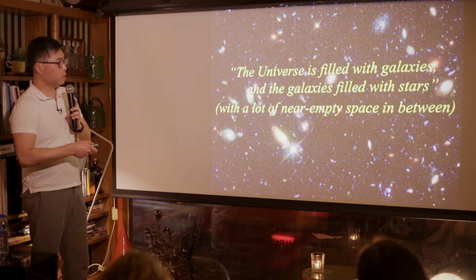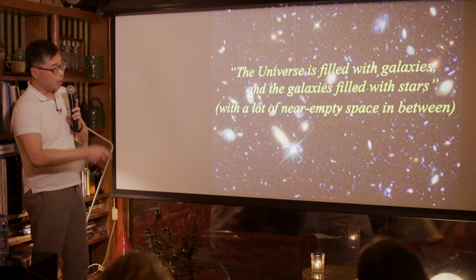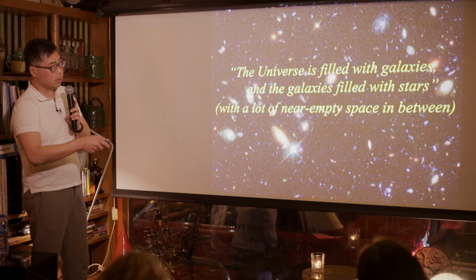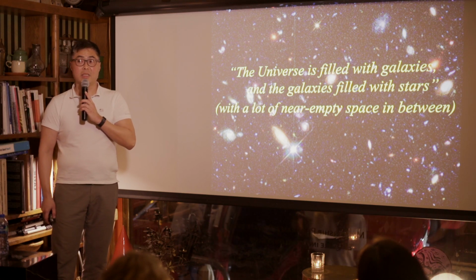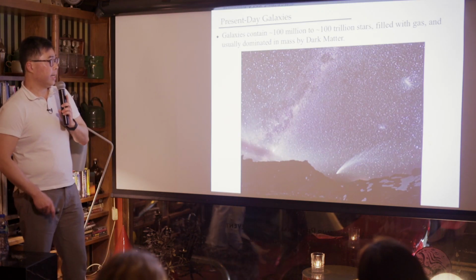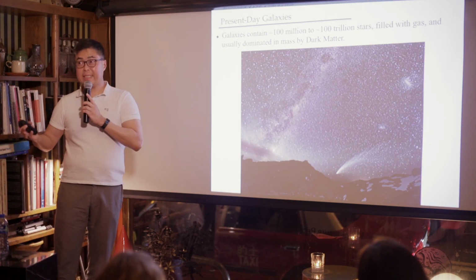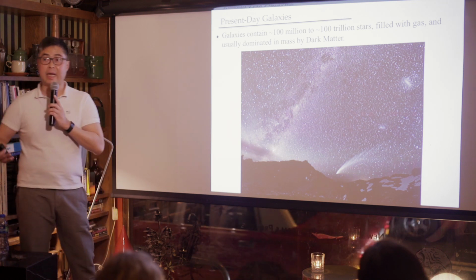Each one of these bright objects you see here is an individual galaxy, and many of these small dots that you see here are also galaxies. They're not stars in our galaxy, but galaxies very far away. Galaxies contain stars. Galaxies come in a variety of masses and sizes.